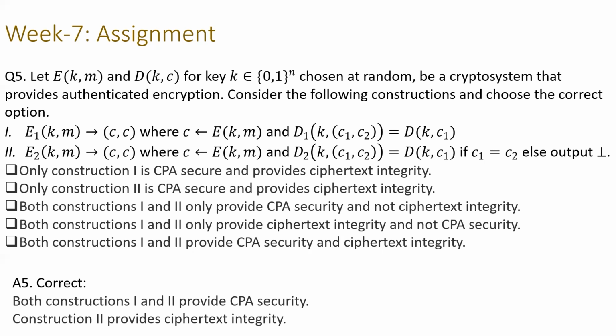There is always this check whether C1 is equal to C2, and if C1 is a known valid ciphertext seen by the adversary from the encryption oracle, then it basically has to come up with some new C1 dash, which is not really possible for the adversary. So it ensures ciphertext integrity.